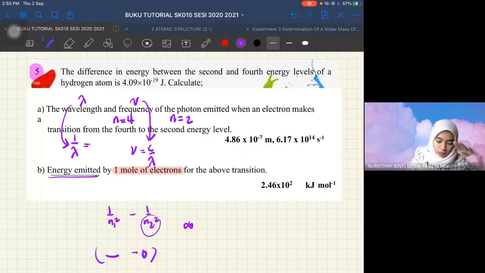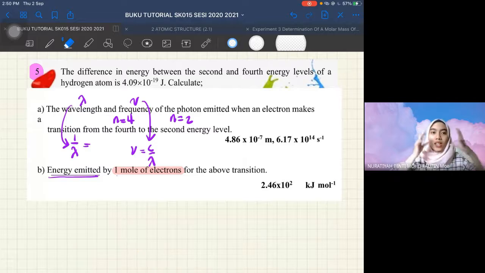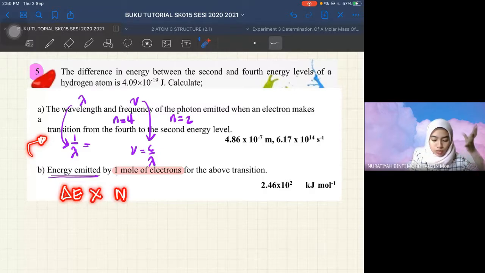So itu adalah IE. Okay, and then awak kena kali dengan Avogadro's constant sebab ionization energy memang dia minta untuk 1 mole. Okay, 1 mole of electron remove. So memang awak punya jawapan memang dalam kilojoule per mole. But for this question, okay, dia kata energy emitted by 1 mole of electrons ni, it is for delta E, okay. Tapi dia nak 1 mole. So yang tadi ni kita bukannya untuk 1 mole. So sekarang untuk 1 mole kita akan kali dengan Avogadro's constant, okay.